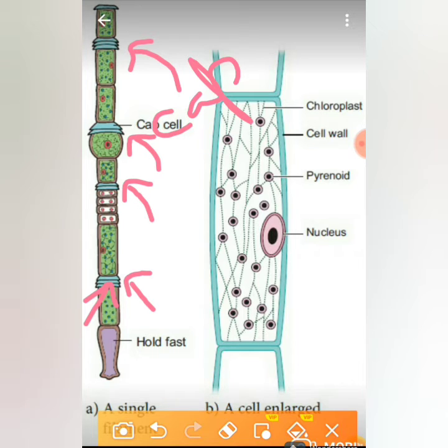Just remember, the number of caps on a single cell indicates the number of cell divisions that occurred in it. After cell division occurs, you will study later how they reproduce, how the cell divides and gives rise to new cells.